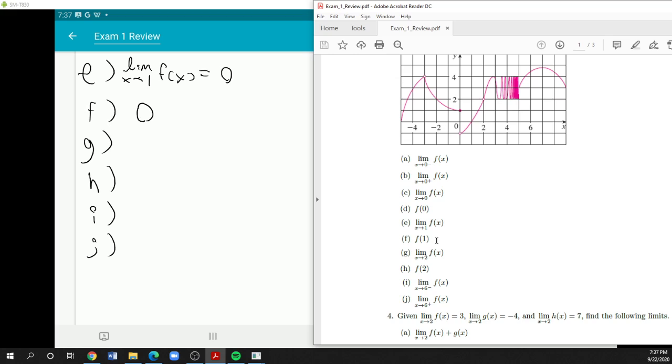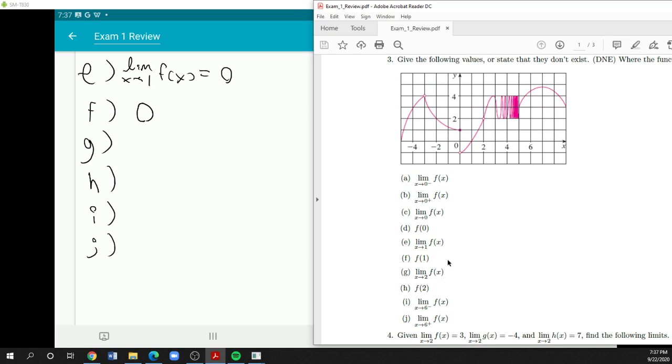Okay, G. Now we're looking at 2. Limit as x goes to 2 of f of x. So f of 2 isn't defined, which actually answers H. But for part G, it's a little bit different, because the limit doesn't care what happens at 2, just what happens close.